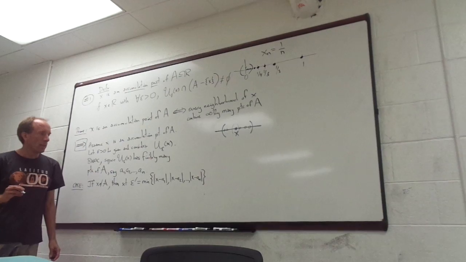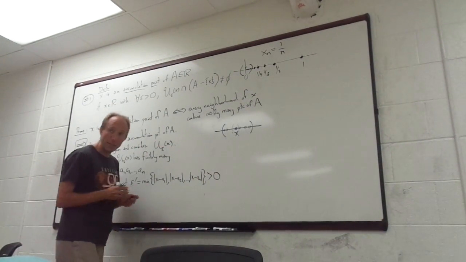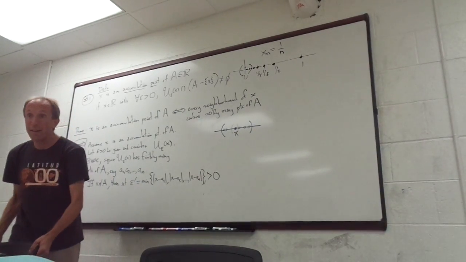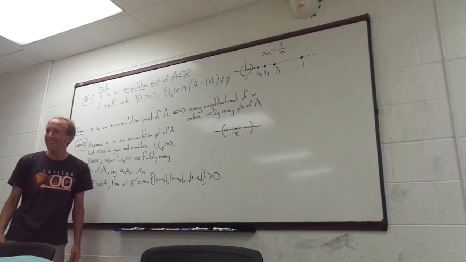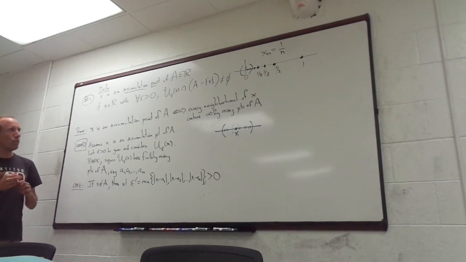Does that make sense? This minimum is strictly positive because all of these absolute differences are non-zero. That's how you get the radius that you want.